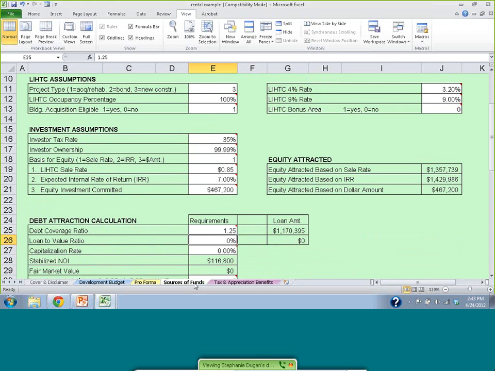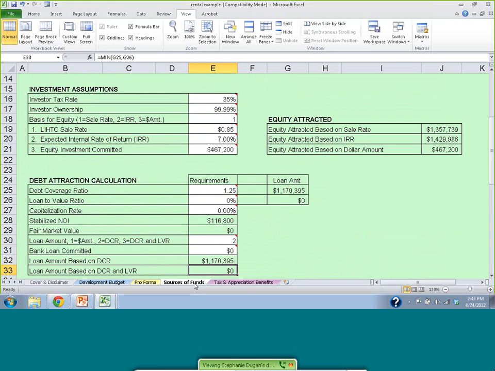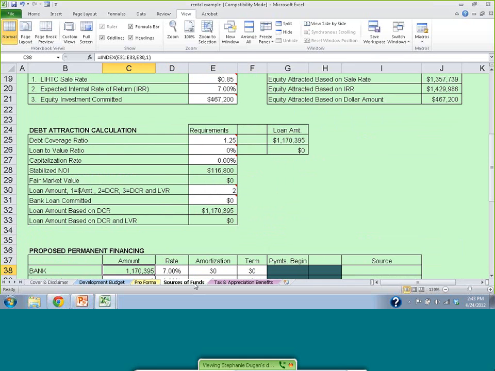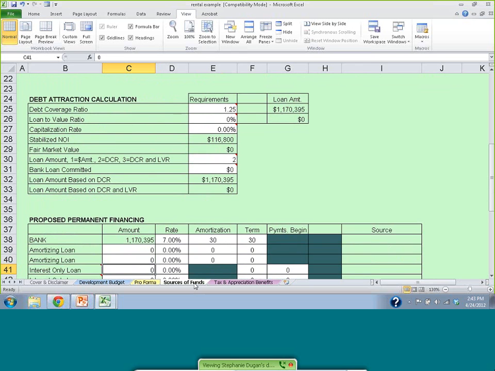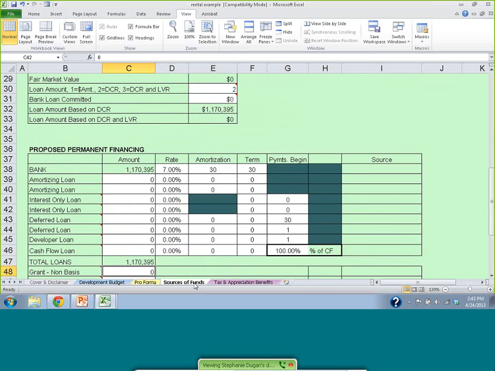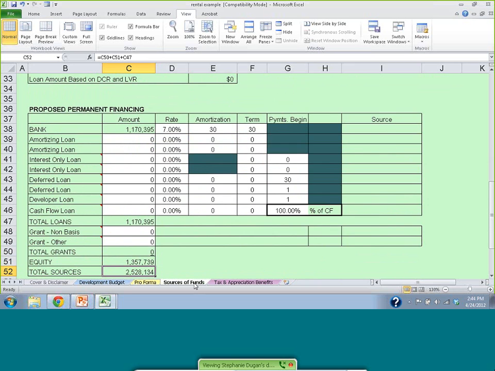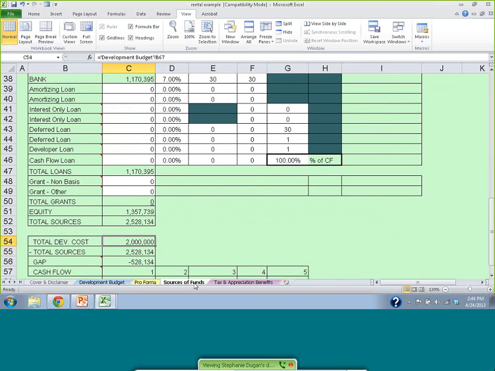We'll use terms of 30 years at 7%, and then based on that debt coverage ratio, it tells us how much debt would be attracted to the project. This was a $2 million project, so we would still need some equity in order to fill our development costs.